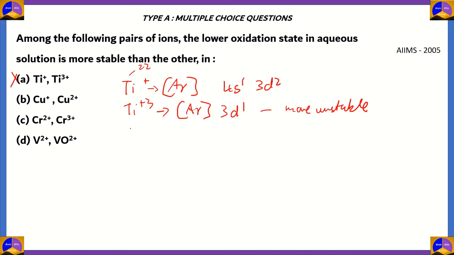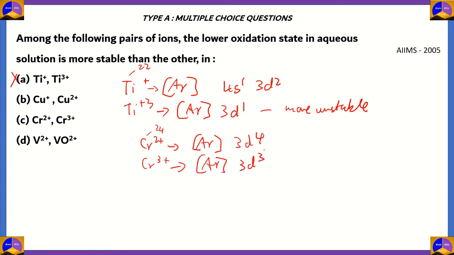If you look at option C, Cr2+ is the first ion. For chromium, the atomic number is 24, so Cr2+ means that it has 22 electrons. Both the electrons are removed from the s orbital, so therefore you have 3d4 as the electronic configuration. For Cr3+, it will be Ar and then 3d3.